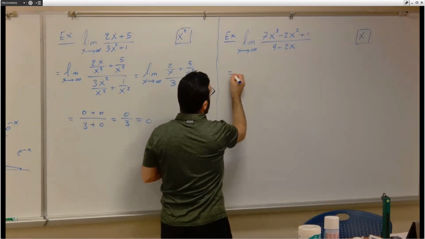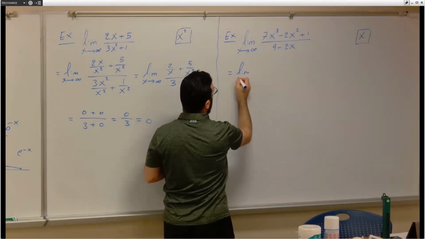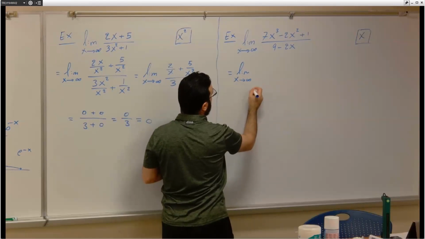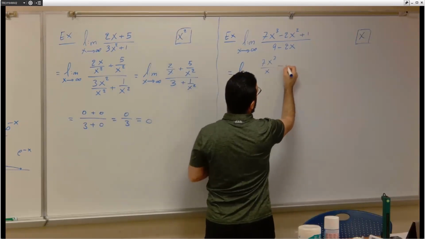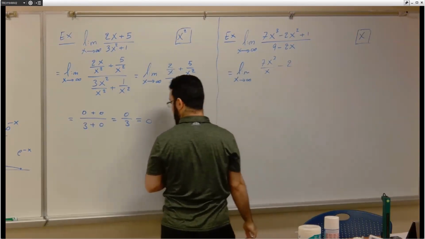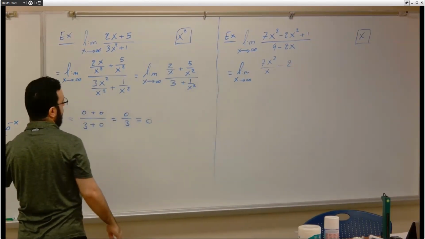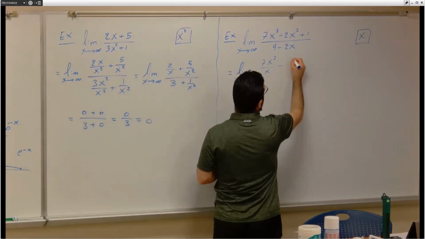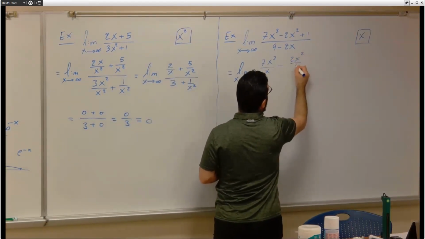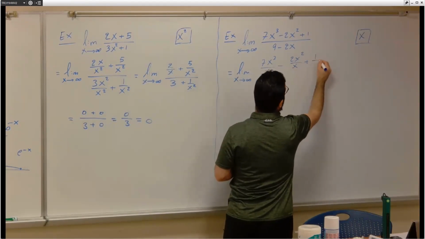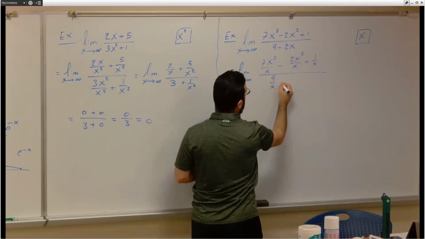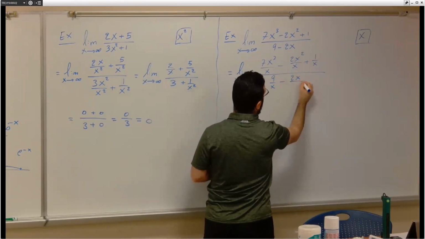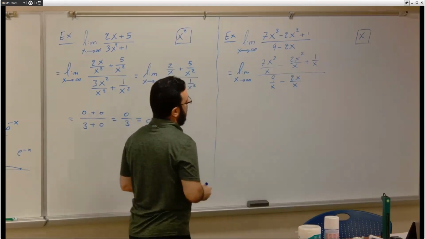So it's going to be the limit as x approaches infinity of 7x cubed divided by x minus 2x squared divided by x plus 1 divided by x, over 9 divided by x minus 2x divided by x. This is what's going to happen.